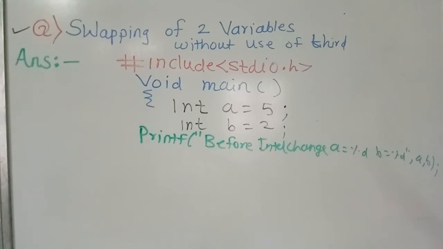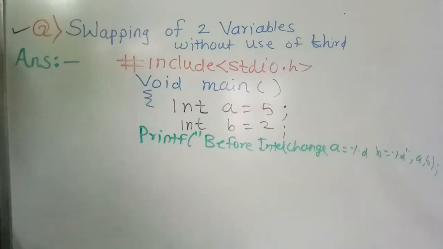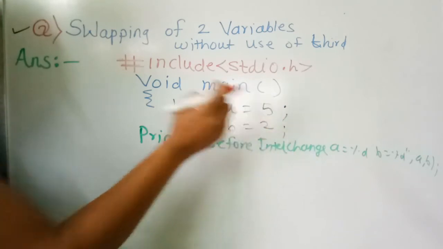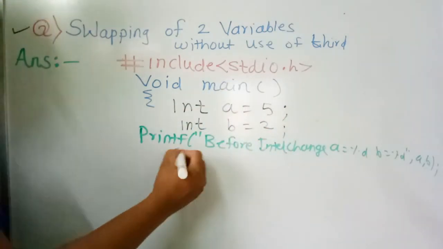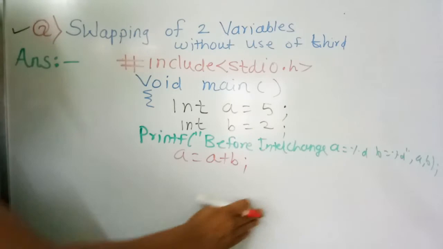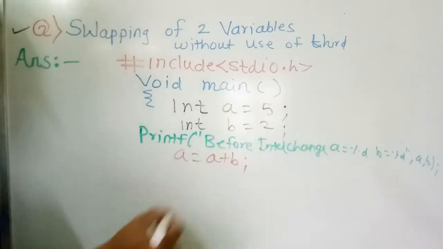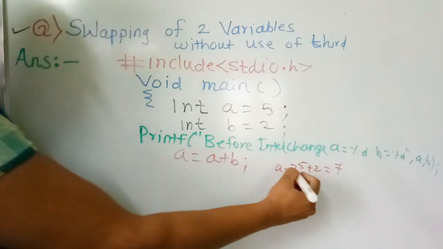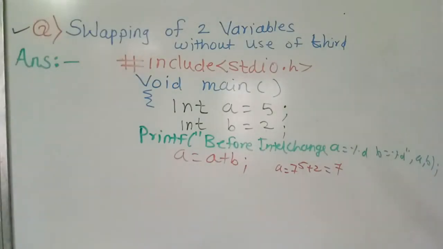Now we will apply some steps or some logical statements to interchange these values. I will write one step and give the explanation. When you have to interchange A to B and B to A, we can perform A equals to A plus B. What this statement actually accomplishes is: A is having the value 5, B is having 2. For example, 5 plus 2 becomes 7, meaning our new A becomes 7.